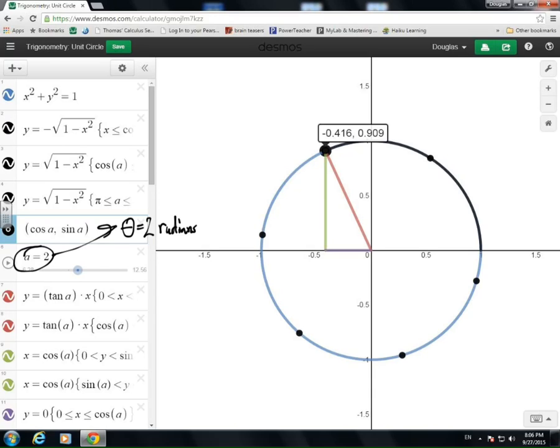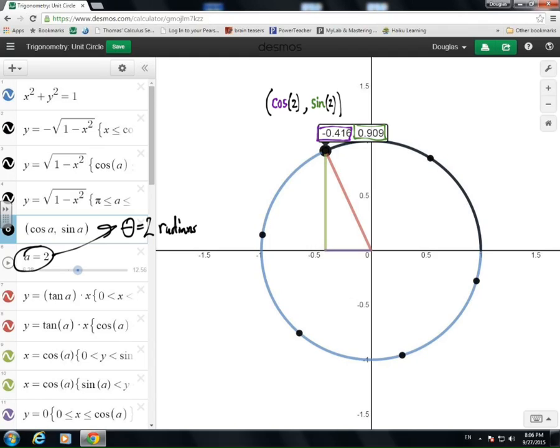As a result, I am now able to say that the cosine of 2 radians is equal to negative 0.416. And I could further say that the sine, which is green, of a rotation of 2 radians is going to be equal to 0.909, and that's again evidenced by this coordinate right here.